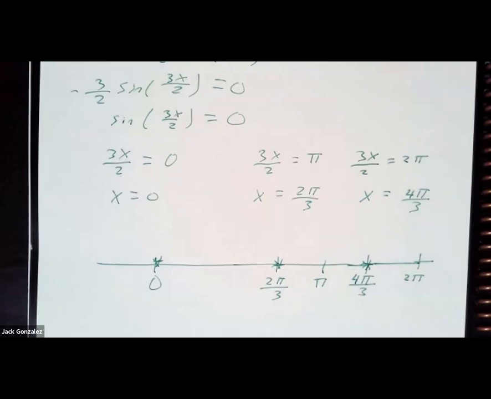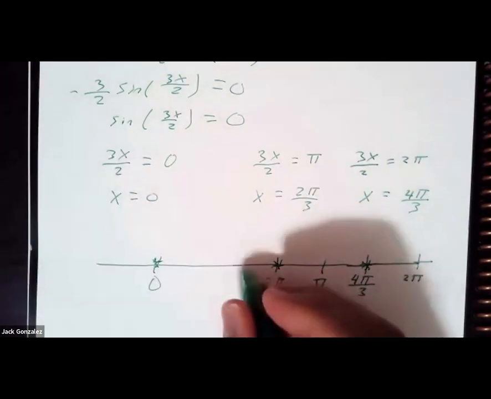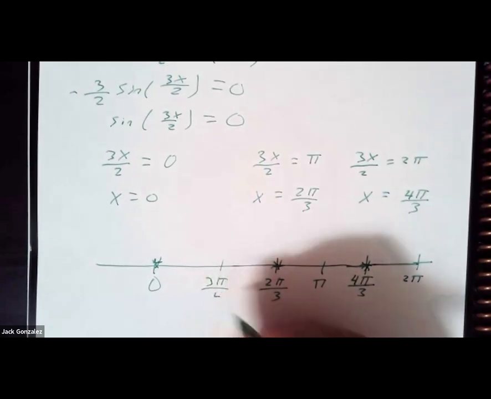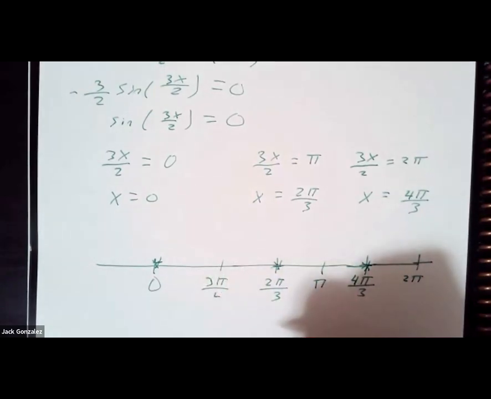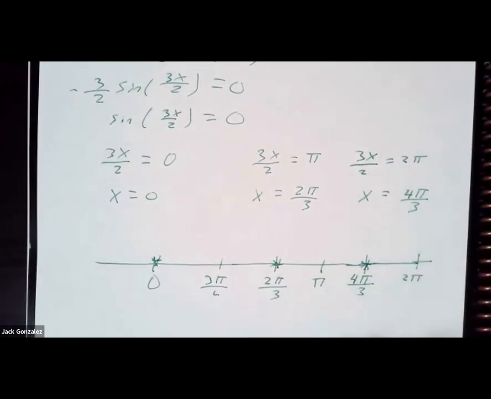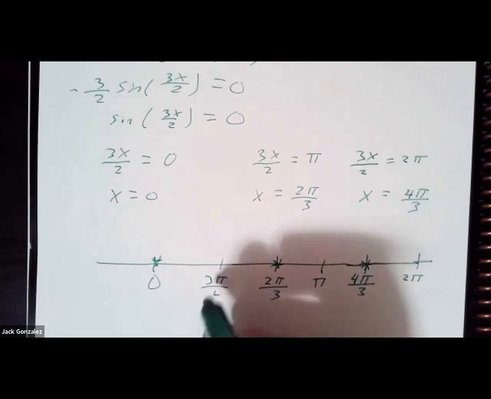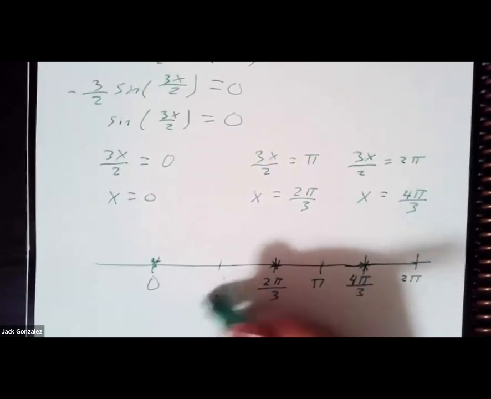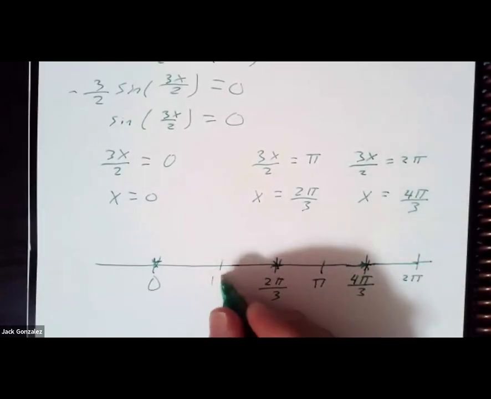3 pi over 4. No, pi over 2 would be good. No, you can pick whatever you want.